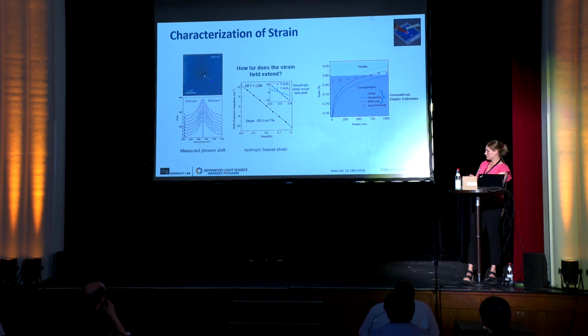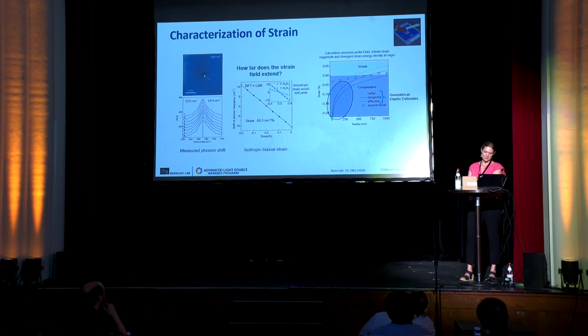And so there were some kind of back of the envelope geometrical calculations that included elastic estimates of the strain. And so you could see here, there's the radial estimate of strain, and here is the tangential, and then the effective is essentially a linear combination of the two. And the data fit very nicely with this effective estimate of what the strain would be.